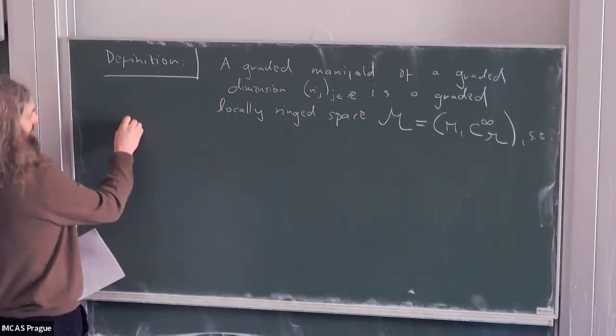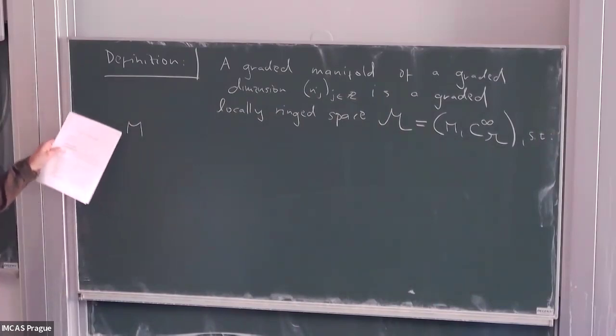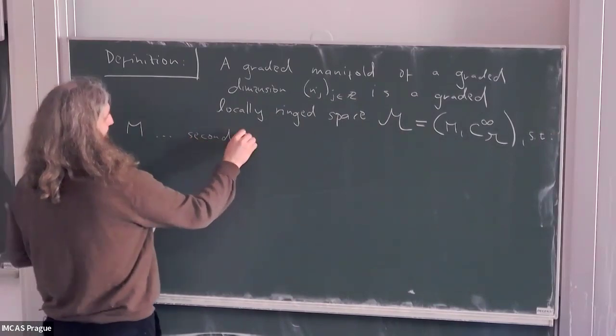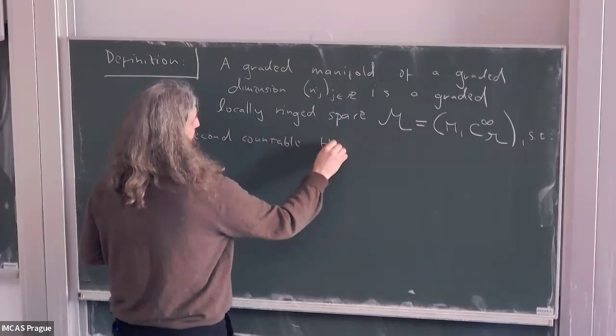So it always consists of a topological space M, because it's basically a topological space together with some sheaf on it. So our topological space M is assumed to be a second countable Hausdorff topological space.